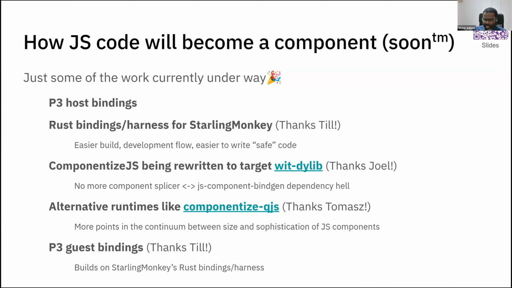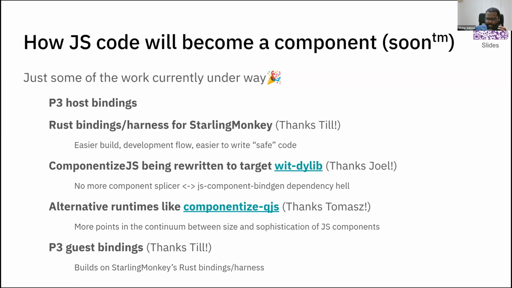Along with that, we've got work ongoing, and a lot of it is exploratory but extremely promising, for alternative runtimes like componentize-qjs. So this is QuickJS, specifically QuickJS new generation, which is the community project that sprung up around Fabrice Bellard's original QuickJS project.